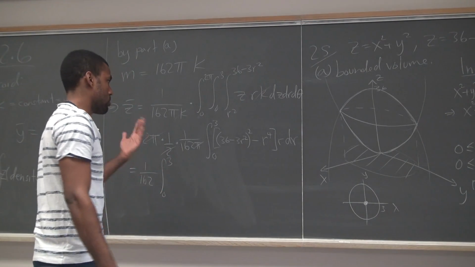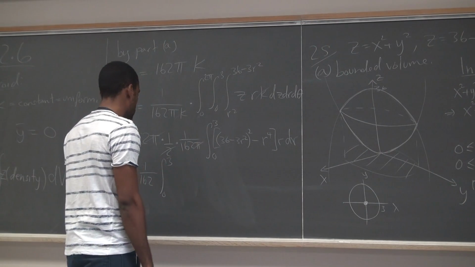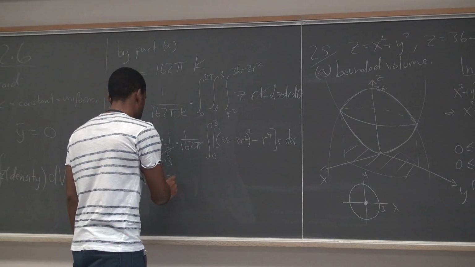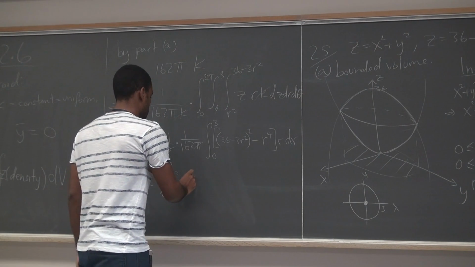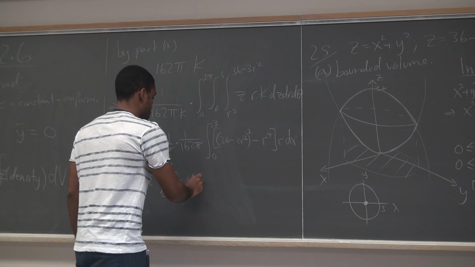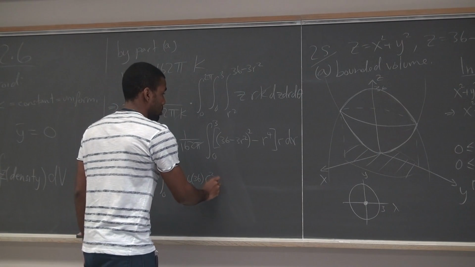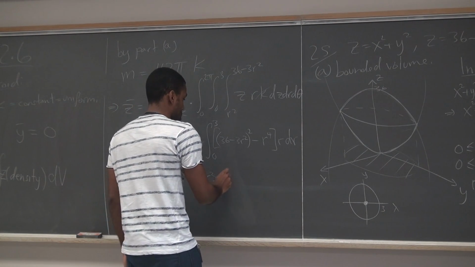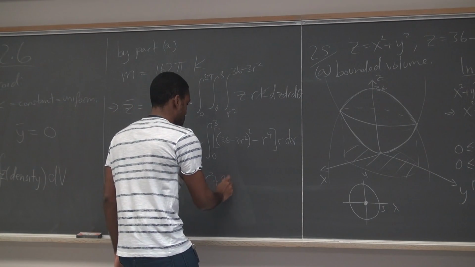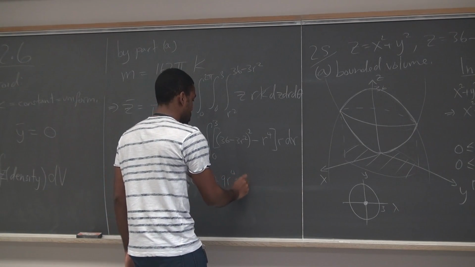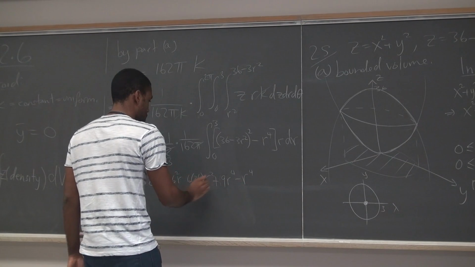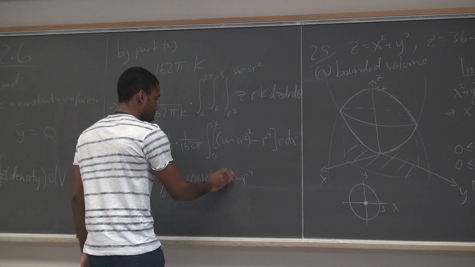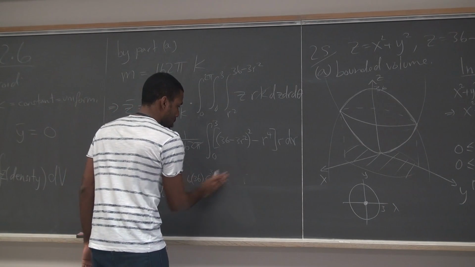Yeah, this is just a matter of expanding and multiplying out. So 36 squared minus 6 times 36 r squared plus 9r to the 4th minus r to the 4th. All of that's going to be times r. So this is r, that's r cubed, this is 8r to the 5th.